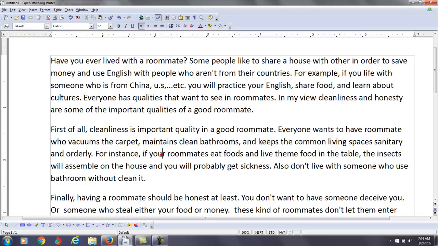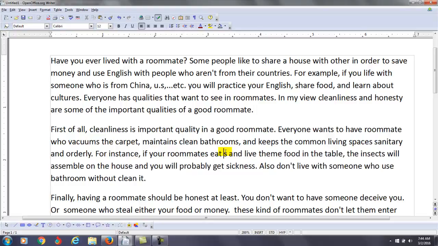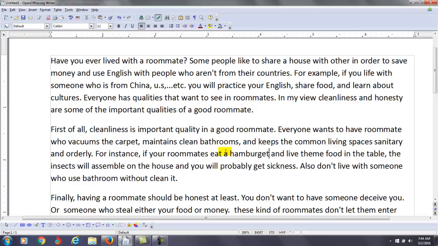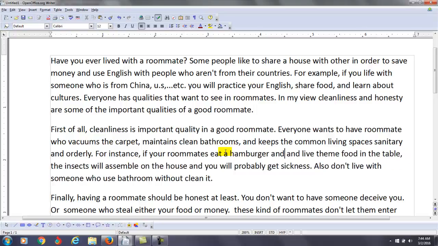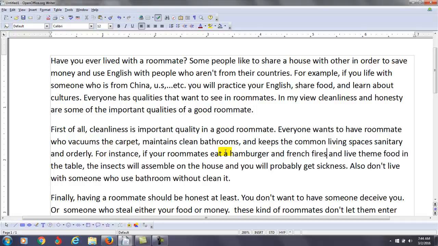So then here, you say, for instance, if your roommate eats a hamburger and French fries. Now, I'm going to say instead of food, a hamburger and French fries. Why do you think I'm doing that? Because you're in the middle of the paragraph now. You want to be very precise in the language you're using.